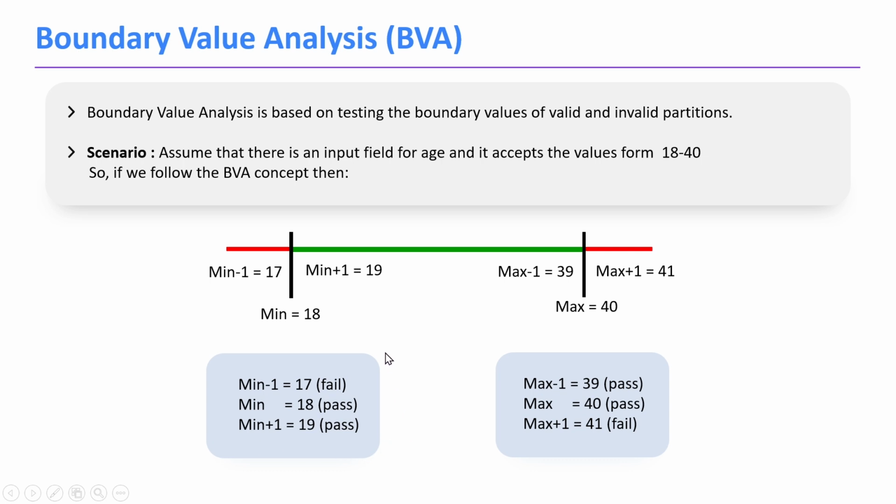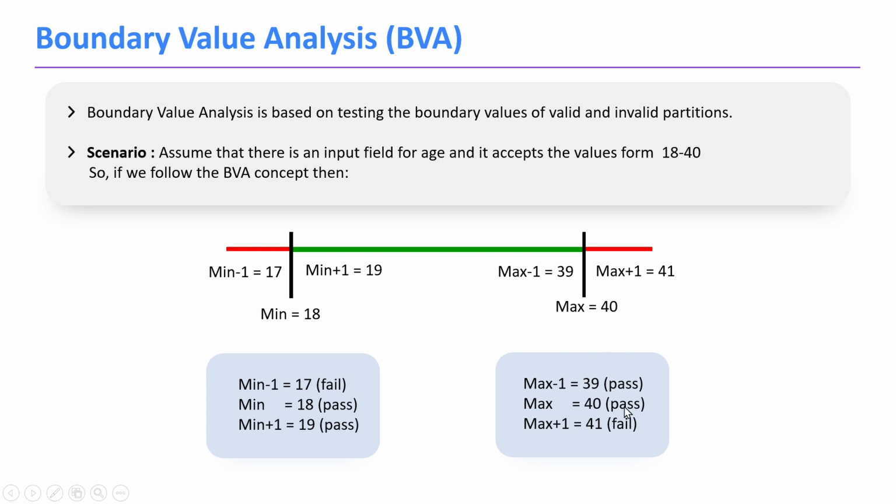If we test this input data like minimum -1, which is the value 17, which is an invalid value for the age field, and 18 and 19: 18 is the minimum boundary and minimum +1 is 19, so these should be accepted by the age field. And here max -1 is 39, which is a value accepted by the age field.